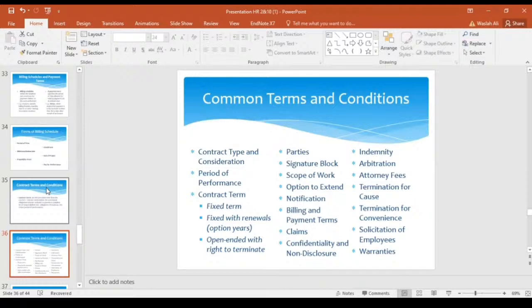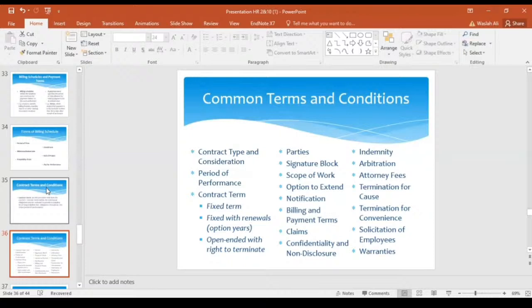Now, scope of the work. This term, scope of the work, includes goods or services which are provided during the whole tenure of the project. Next is option to extend. In these types of terms, the terms allow or disallow parties to negotiate to extend the terms of any project.